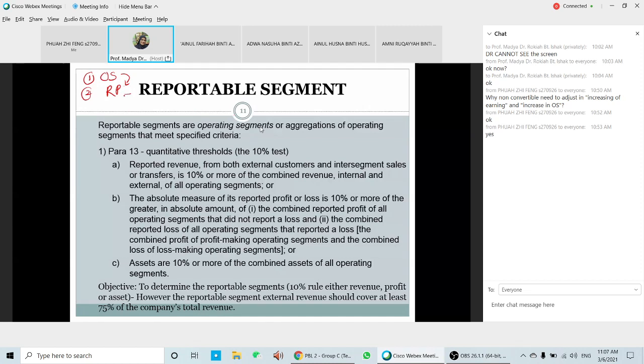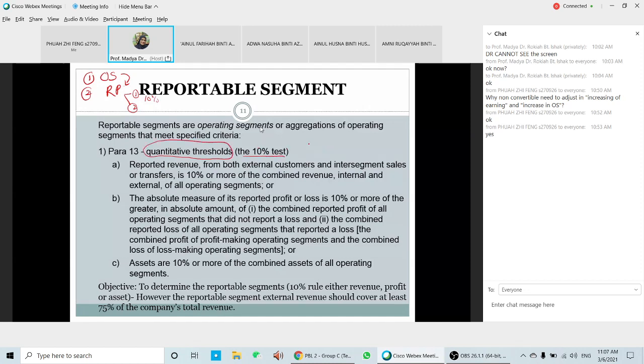To be a reportable segment, you need to meet two criteria. The first criterion is the 10% test, which you could call the quantitative threshold.